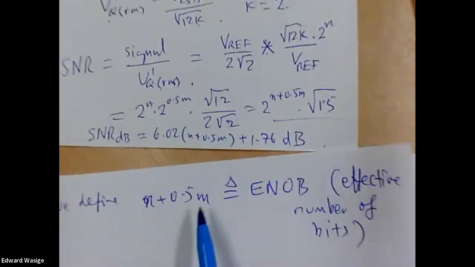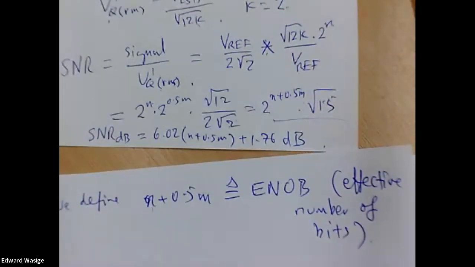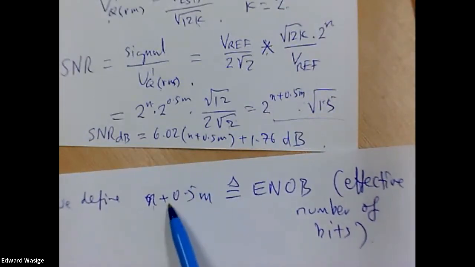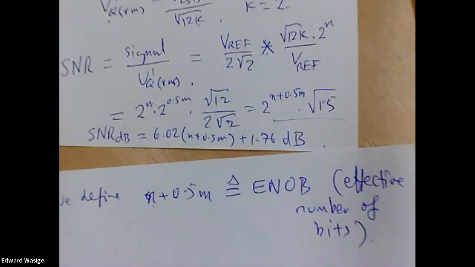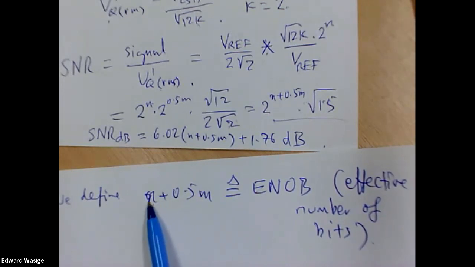We know n corresponds to the actual number of bits in an ADC. But from this mathematical consideration, the effective number of bits can go up by our choice of m. So if we choose m to be large, we essentially increase the effective number of bits. That's what the math tells us, but eventually, when you design an ADC this way and you do oversampling, you end up with a higher resolution or a higher effective number of bits.